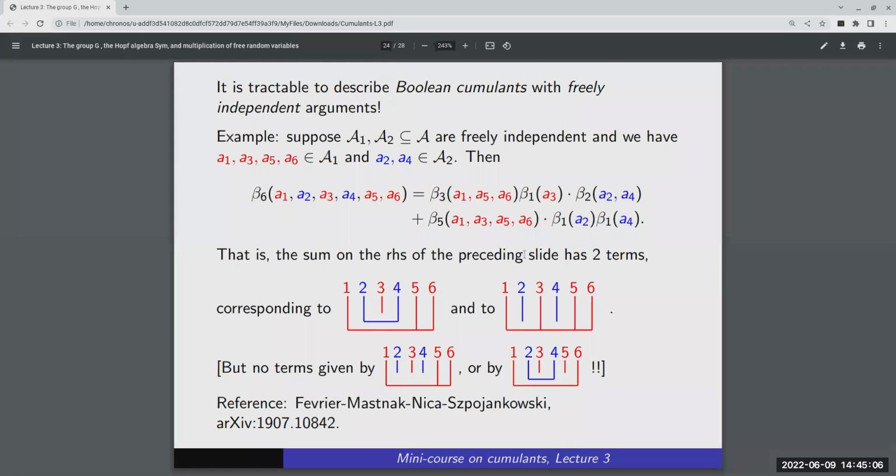And then this is the other term. Separating red from blue and connecting 1 with 6 would still allow these ones, and these ones are ruled out by a property which we call vertical no repeat, because for instance this one here, you see this block 3 is seeing the block 1, 5, 6.